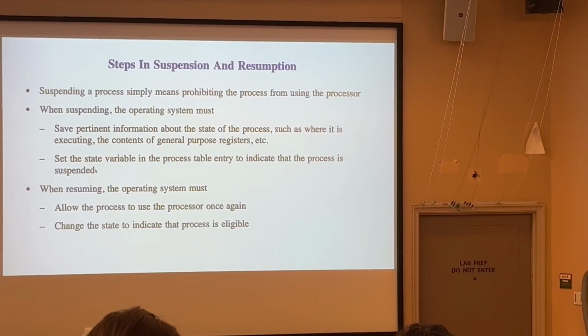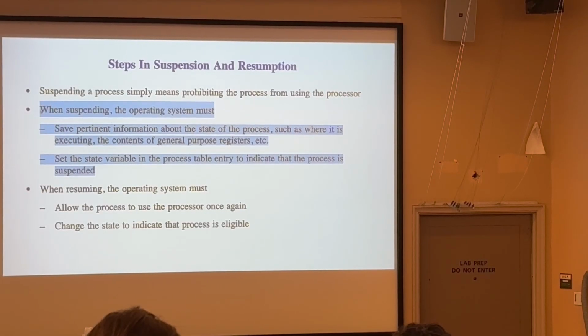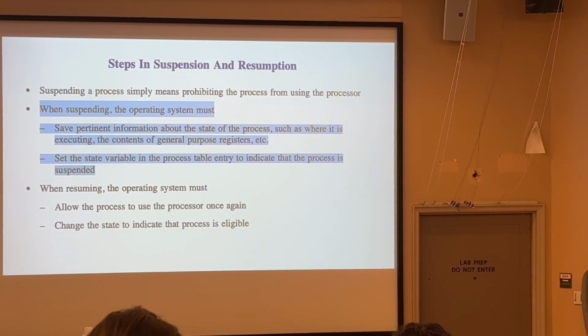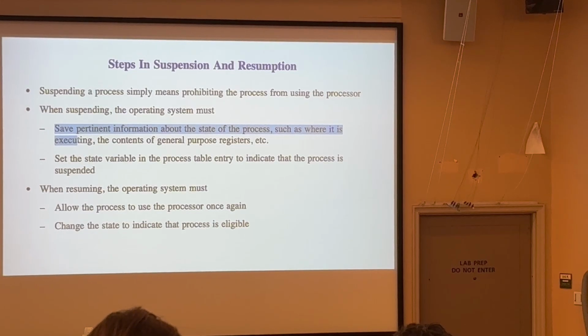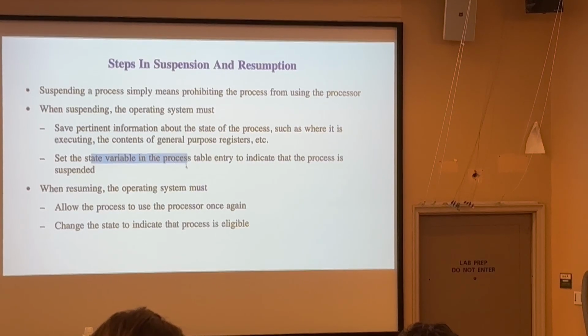If you have followed what we explained previously, this part looks extremely like context switch. You save the information about the state of the process. This is what context switch does. The only thing that's different is you set the state variable in the process table entry to show that it's suspended.